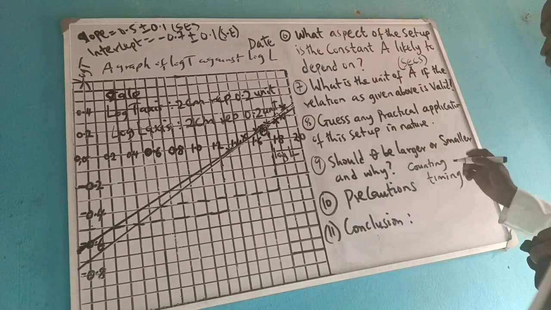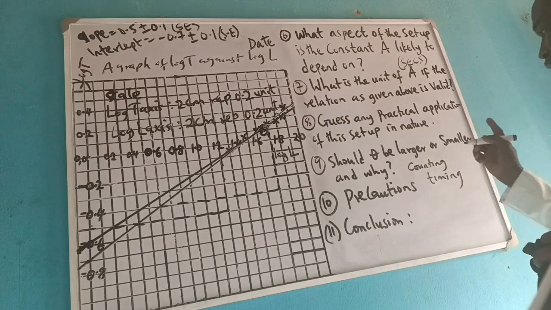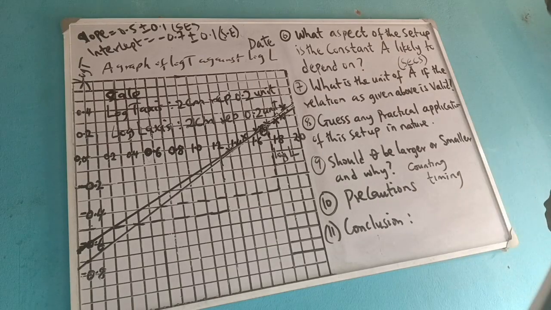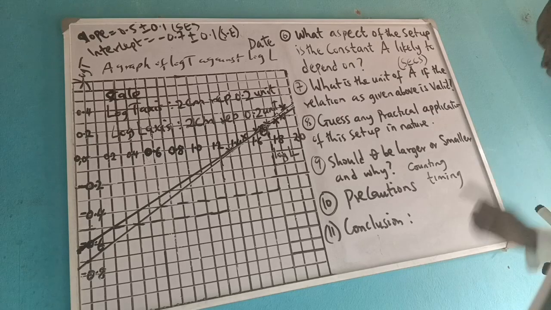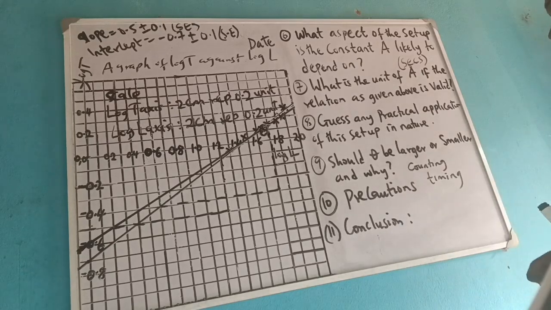So you tell them the error you avoided and how you avoided it. Yes, very important. Then which other one should we talk about?